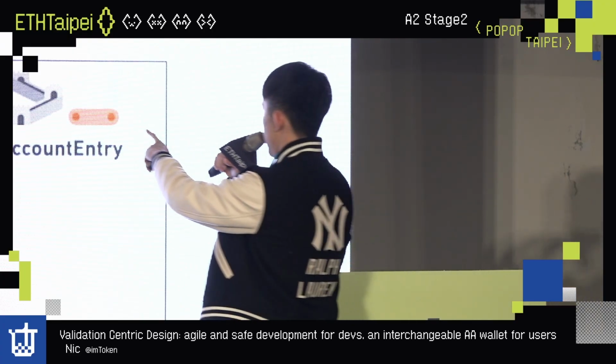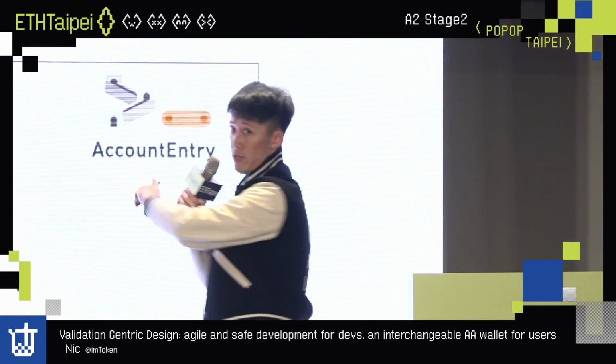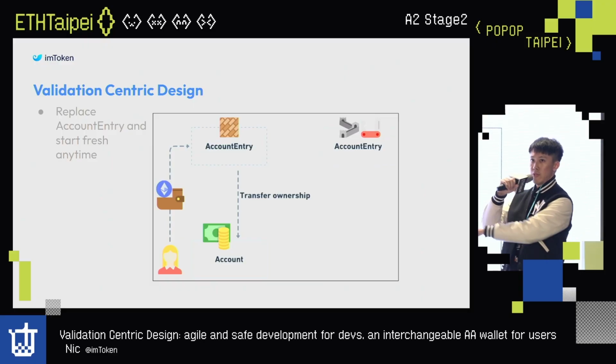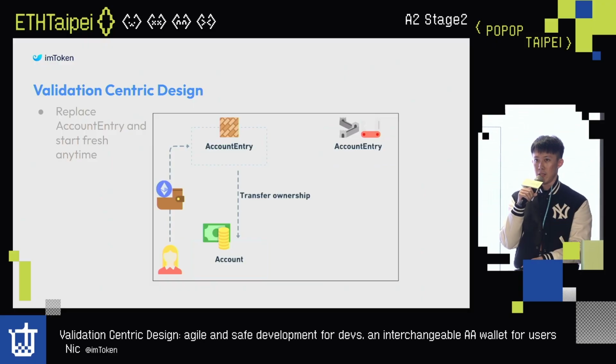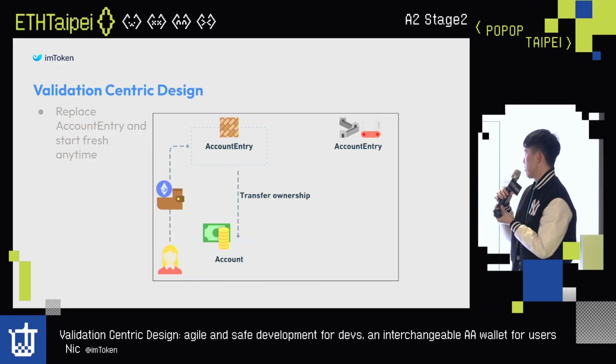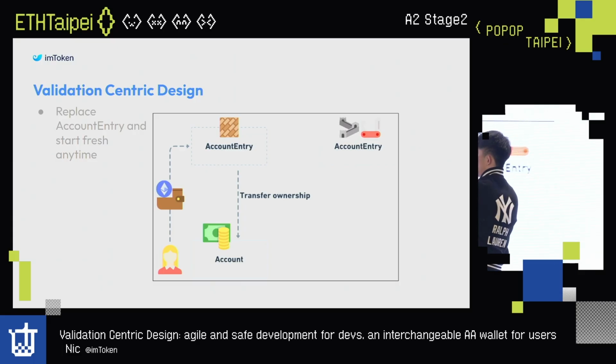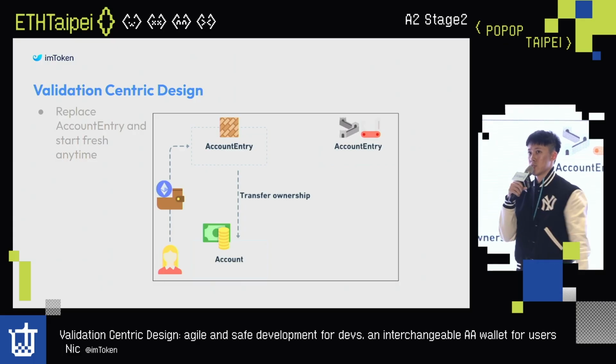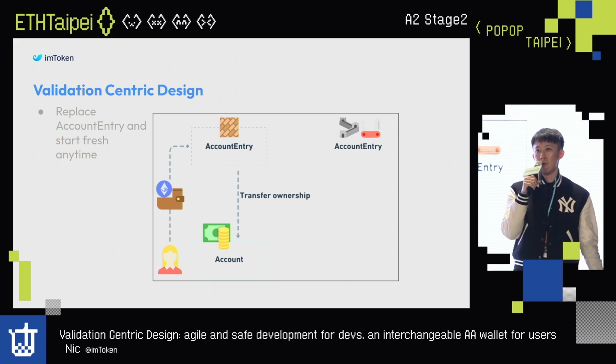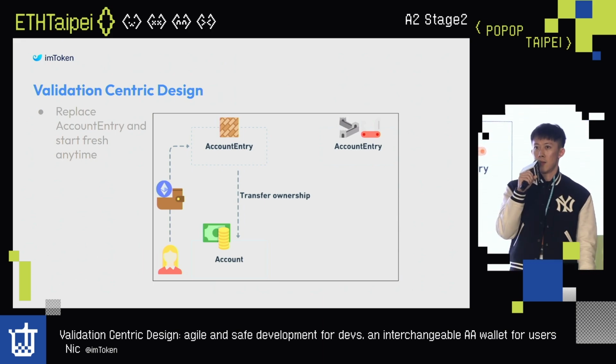Yeah, good question. These are two independent contracts, so the storage is completely isolated and independent. The Coinbase account entry has its own storage, and each account entry has its own. So there's not going to be a problem of storage collision.